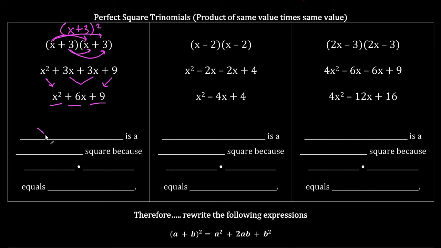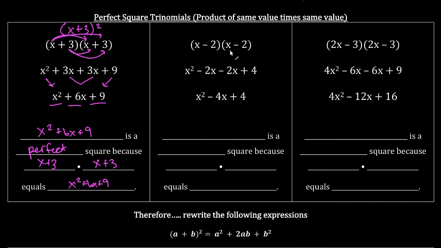So we can conclude that x squared plus 6x plus 9 is a perfect square because x plus 3 times x plus 3, which is the same quantity times the same quantity, gives us x squared plus 6x plus 9.